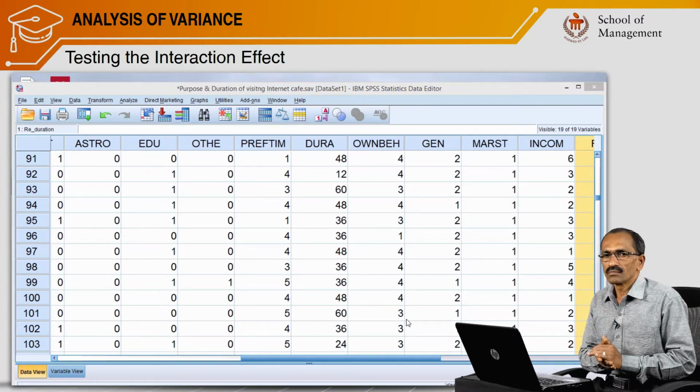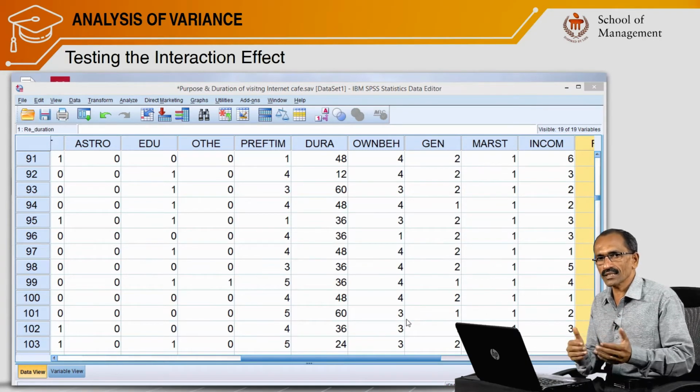Let's assume the case of a multi-brand, multi-chain retailer. They have multiple stores, shops, and retail outlets in different localities. Say in Bangalore, they may have 10 retail outlets. In Chennai, they have 7.